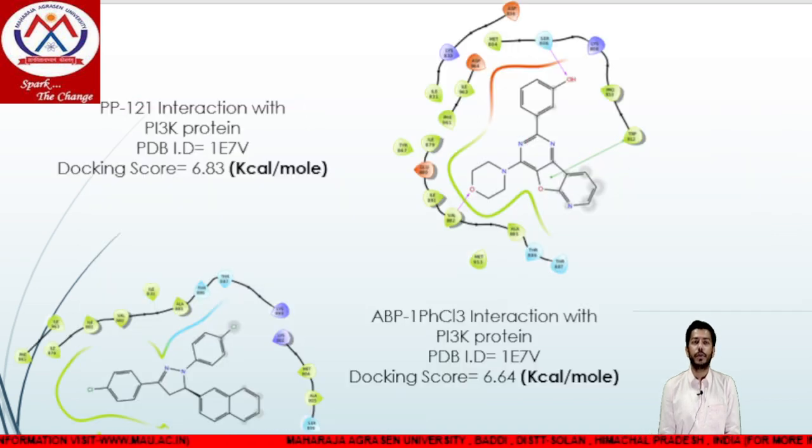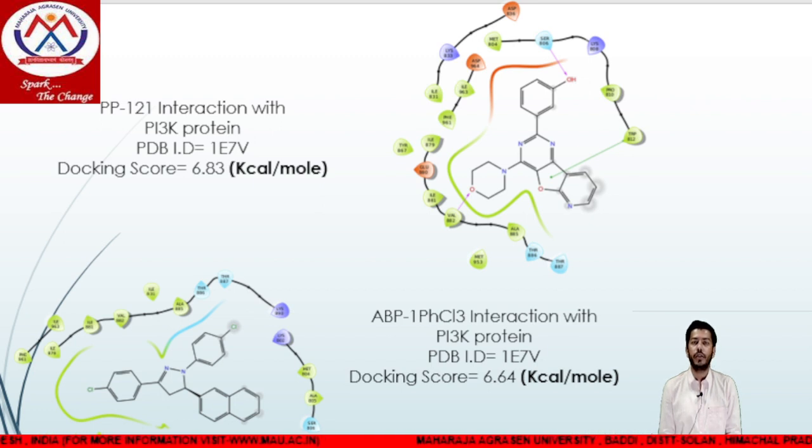Now I will explain the following molecules. The first molecule is PP 1 to 1 and its interaction with the PI3K protein molecule. The PDB ID is 1E7B, as I told you under the protein preparation wizard, and this 1E7B is taken from the Protein Data Bank.